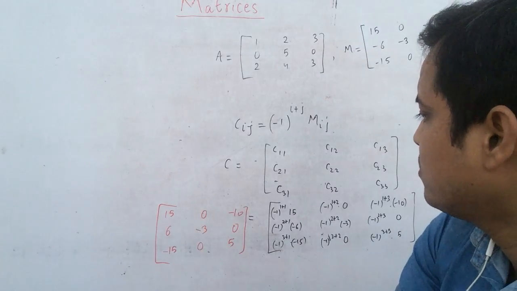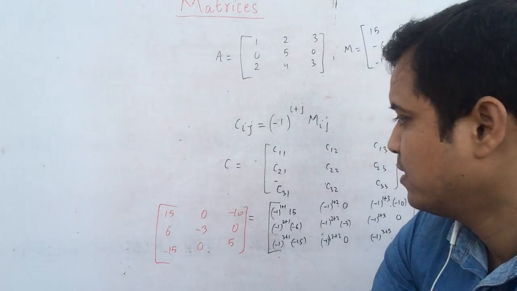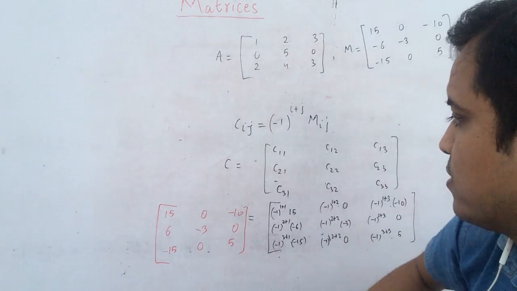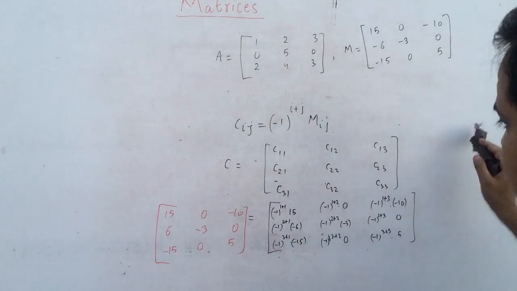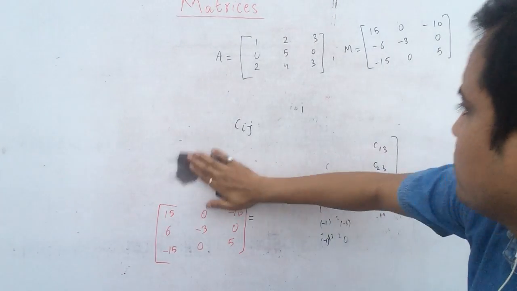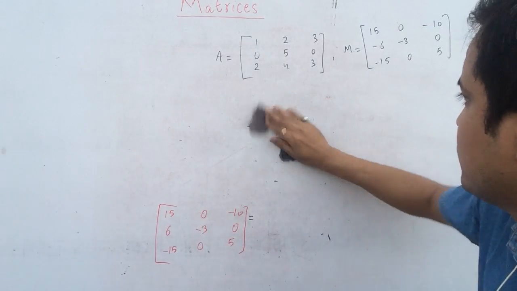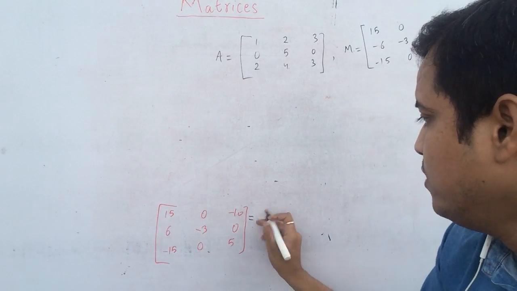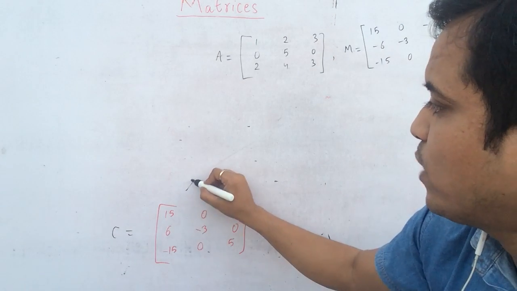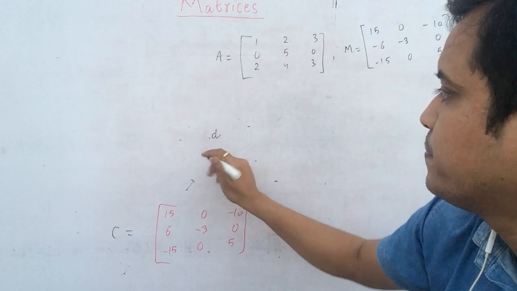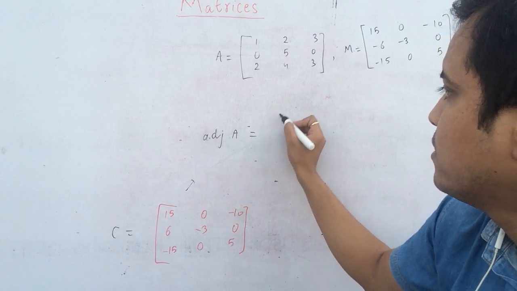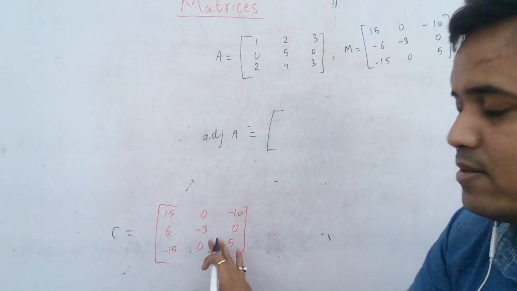So in this way you can also find the adjoint. So what would you do for the adjoint? This is the cofactor, just take the transpose of this and you would get the adjoint. So this is your C, and if you want to find the adjoint of A, it would be the transpose of this cofactor.